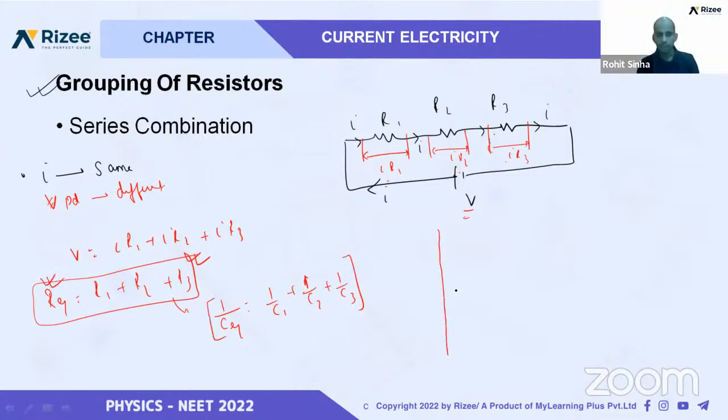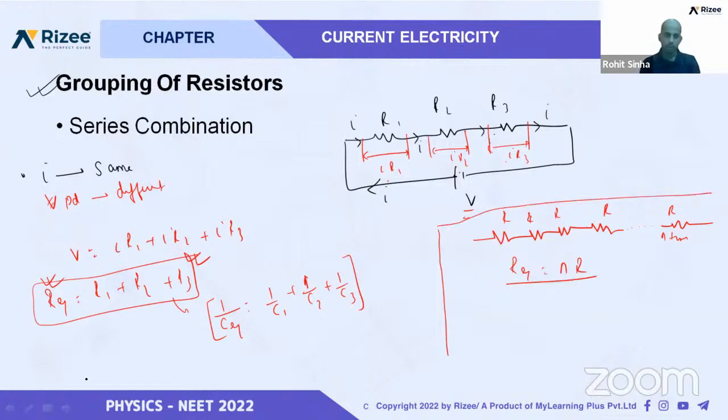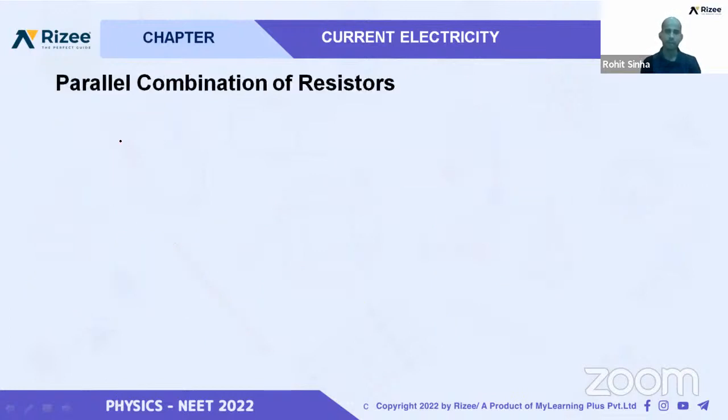One important short trick to remember: if we have n resistances of value R, their R equivalent will be n into R. You should remember this. I think you will have no problem here because these are just repetition.